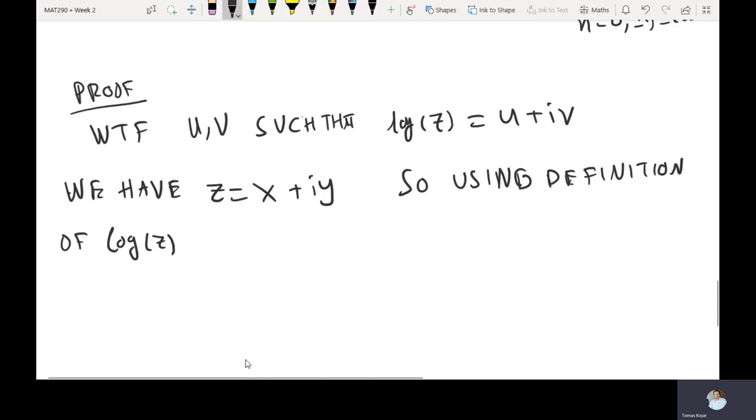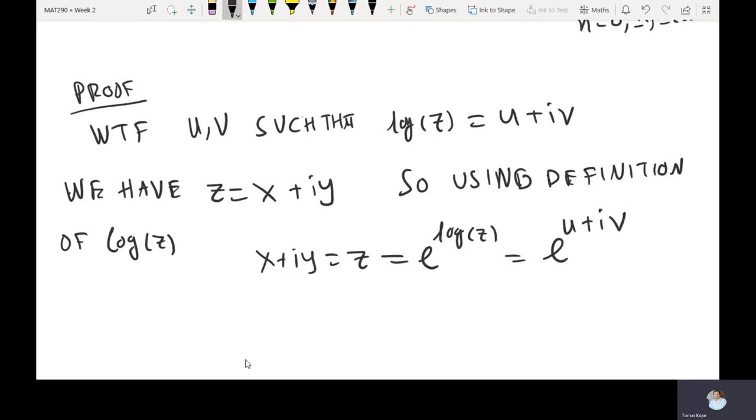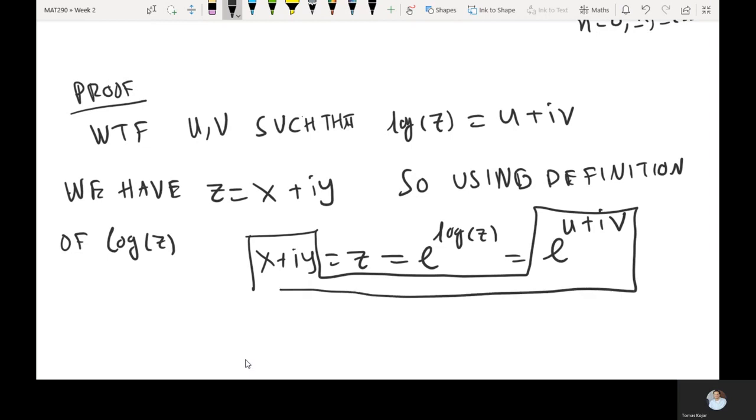We have x plus iy is equal to e to the log z, which is equal to e to the u plus iv. Okay. Hopefully that's clear.